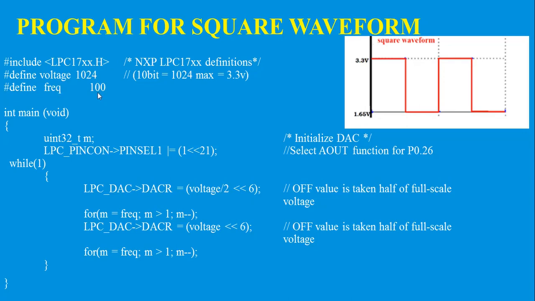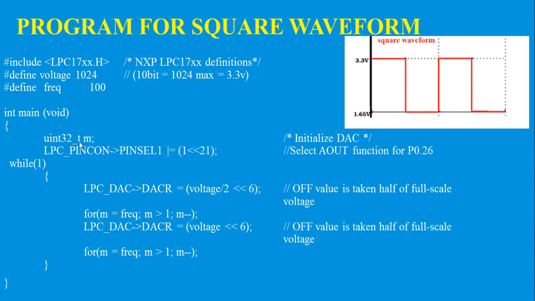In a square wave we have to force only two possible values, the minimum value and the maximum value, in the DAC register, with sufficient delay between these two alternating values. The delay is around 100 time units.